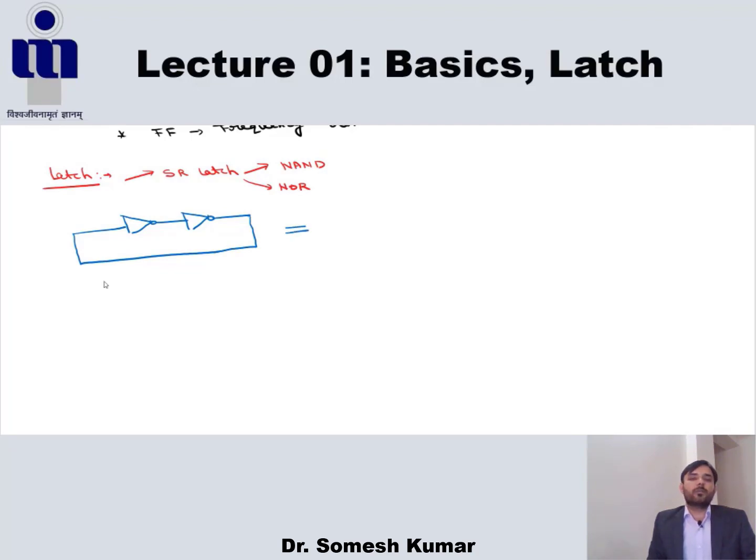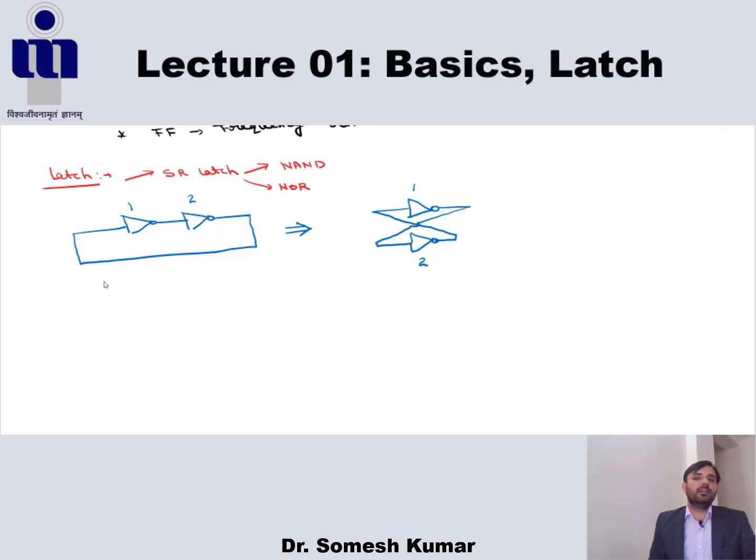the circuit can be represented as two NOT gates. This is our first NOT gate, this is our second NOT gate. The output of the second NOT gate is connected to the input of the first NOT gate like this, and the output of the first NOT gate is connected to the input of the second NOT gate.